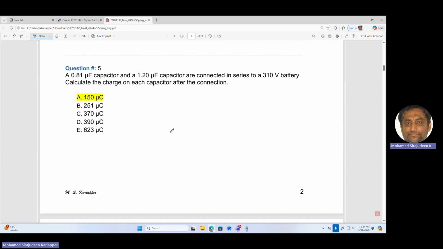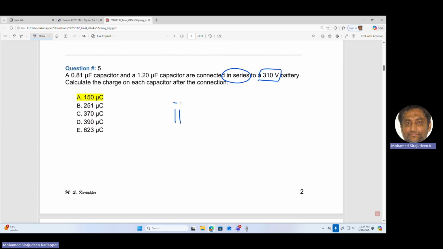Number 5. A 0.81 microfarad capacitor and a 1.20 microfarad capacitor are connected in series to a battery of this. So let's draw it.